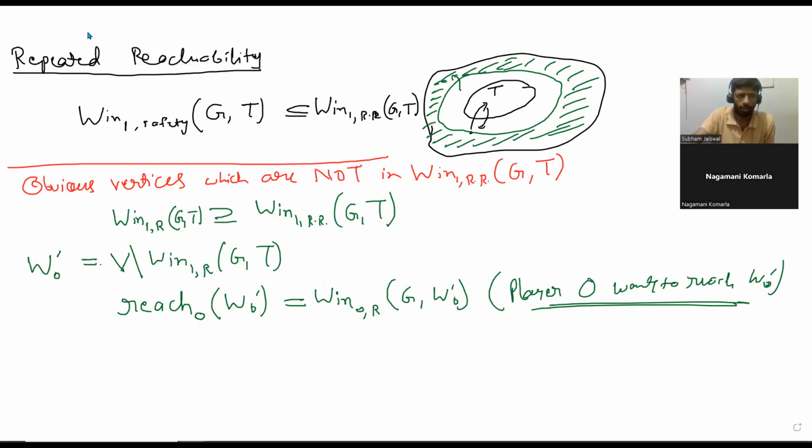All right, this is good enough. Now what we do, we take this new graph, which was the original graph, but we remove these vertices.